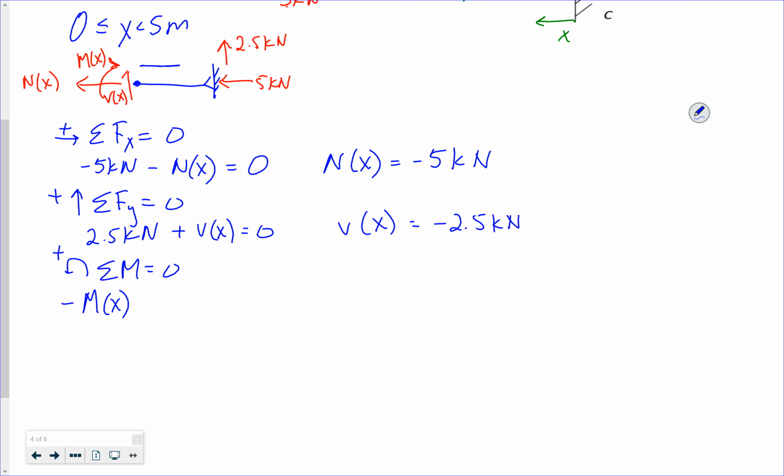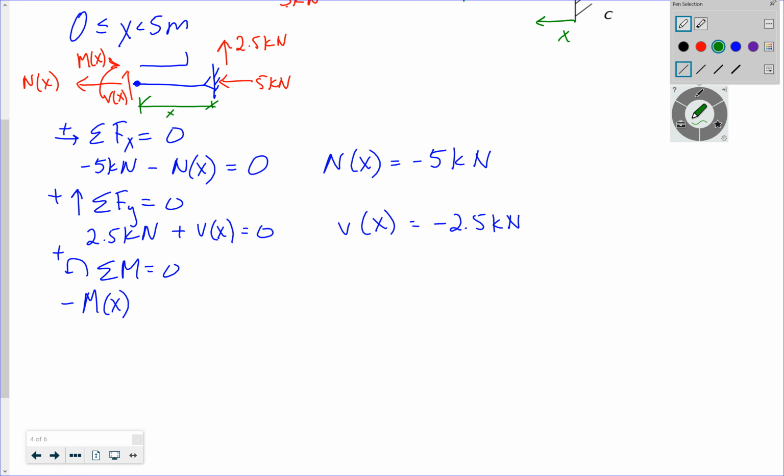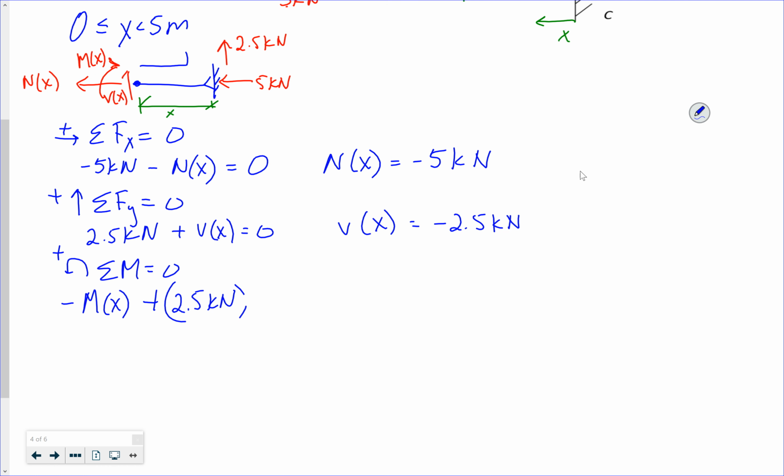All I have is the 2.5 kilonewtons acting counterclockwise at a distance x, right? So plus 2.5 kilonewtons with a moment arm of x. So my moment function is 2.5 kilonewtons times x.